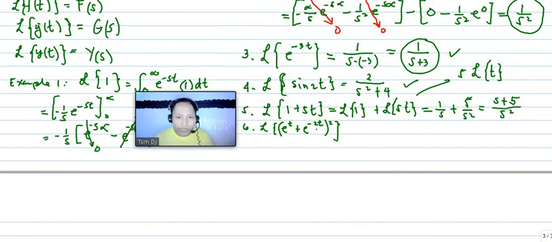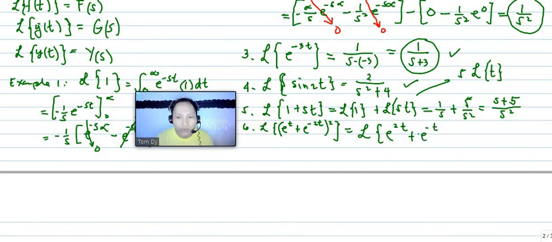So of course we have to square first our equation, that is the Laplace transform of squaring this one. That is e to the t times e to the t, that is e raised to 2t, and then multiply 2 times e to the t times e to the negative 2t, that is plus 2e raised to negative t.